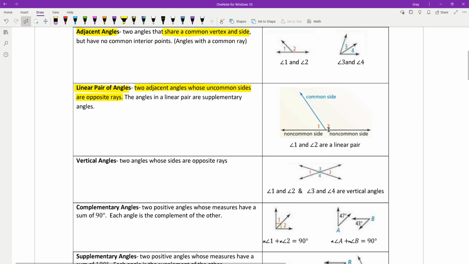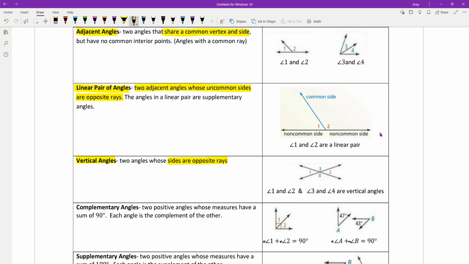All lines are straight, but those are your opposite rays, from here to here and there to there. So 1 and 2 make a linear pair. This is the common side. They have to have a side in common, and the other side that's not in common has to be opposite rays.